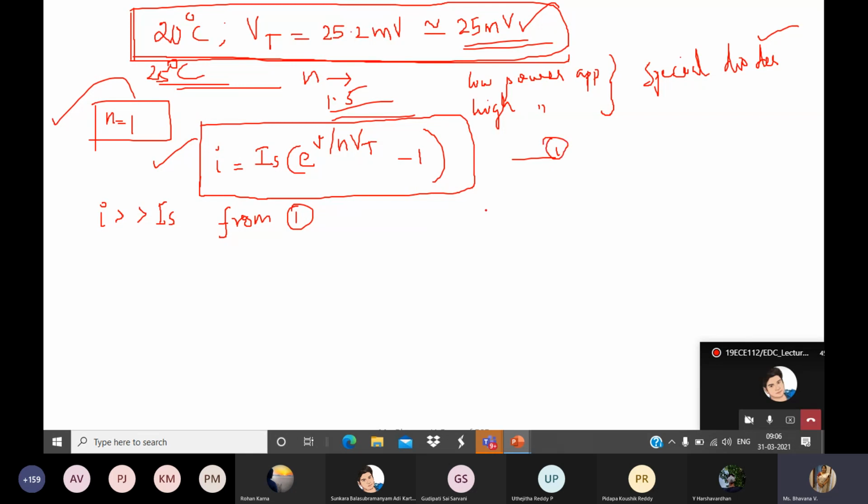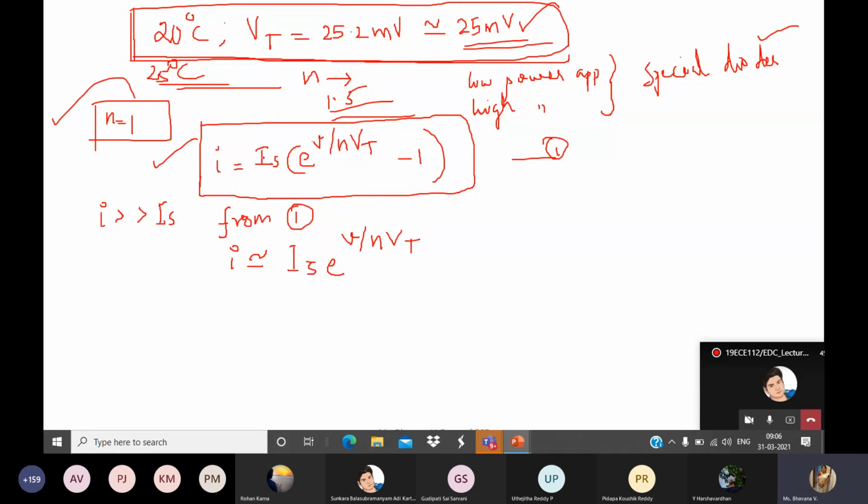From equation 1, we get I approximately equal to, so if I is very much greater than IS, what will be the equation? Equation will reduce to I approximately equal to IS e power V by NVT.